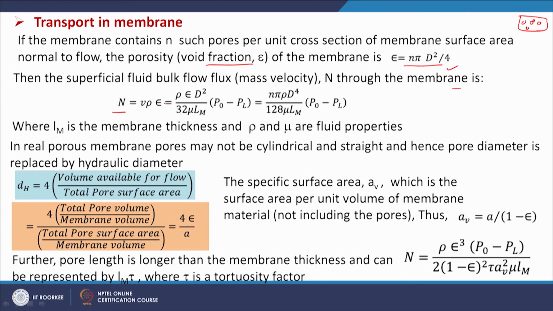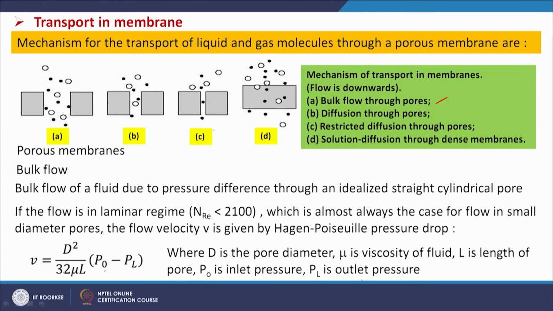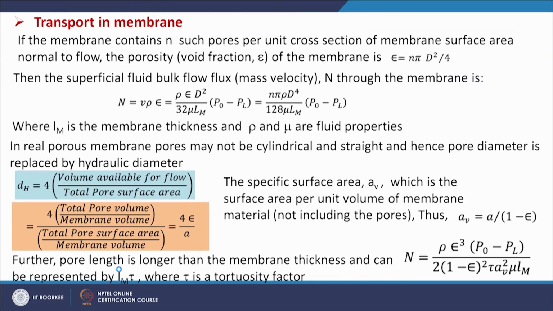V equals d square by 32 mu L into (P0 minus PL), and here rho into epsilon, rho into E. Replacing this E value, we get N equal to pi n rho d to the power 4 by 128 mu Lm into (P0 minus PL). So, this is the expression for N. Now, Lm is the membrane thickness, and rho and mu are the fluid properties.